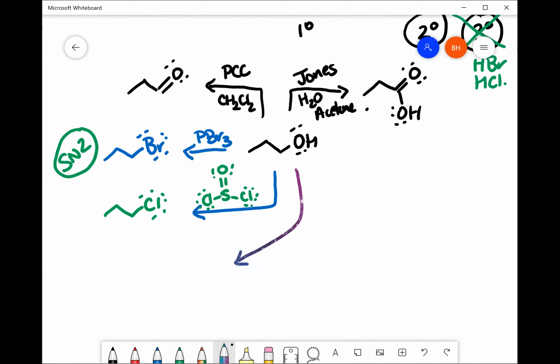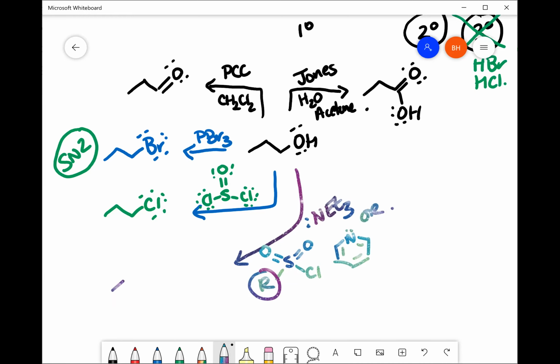We actually did this last term, but remember there's various R groups here, which would make the mesylate, the tosylate, the triflate, and we needed some sort of reagent to remove a proton, which could be triethylamine or pyridine, doesn't matter which one.